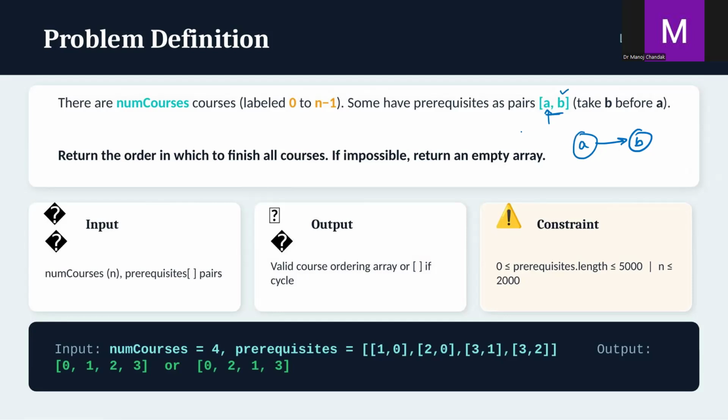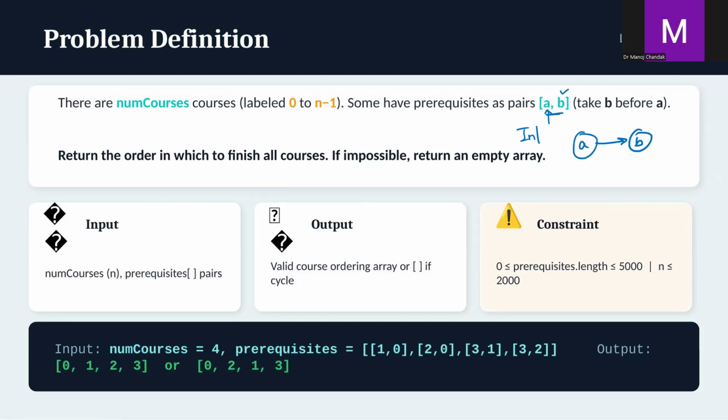This is again coming to the idea of in degree and out degree. So for course B, if the edge is coming from course A, that is, the in degree of B is coming through A, then there is a prerequisite.